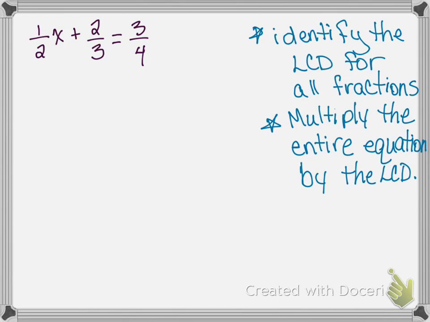So I am going to multiply everything in here by 12 over 1. Now, I'm going to do this in different colors so you can see what I'm talking about. We're going to take 12 over 1 and multiply it by 1/2 x. Then 12 over 1 times 2/3. Then 12 over 1 times 3/4.